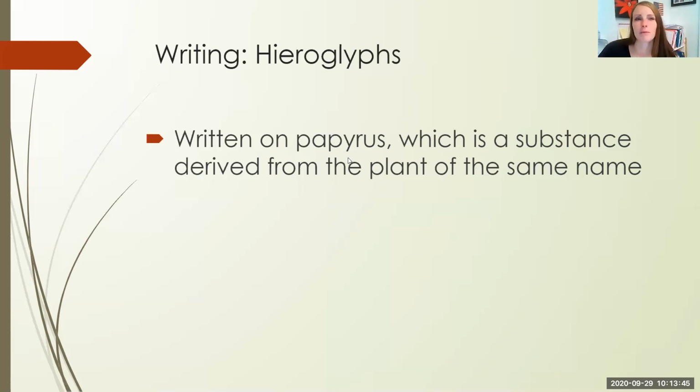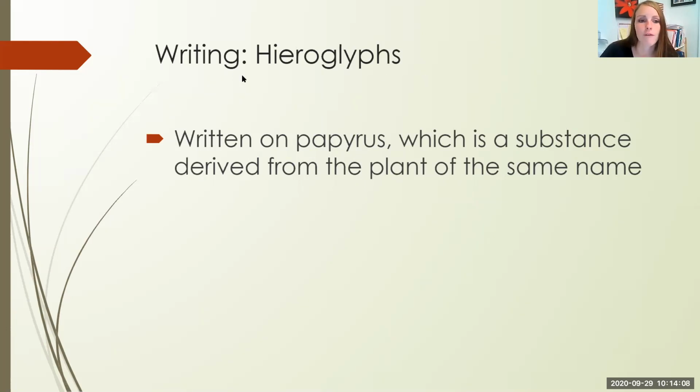I mean, we get our paper from trees today, not a papyrus plant, but we don't call it like treeper or something like that. I don't know what we would call it, but we don't, because the first version of paper was with a papyrus plant. So that was their writing.